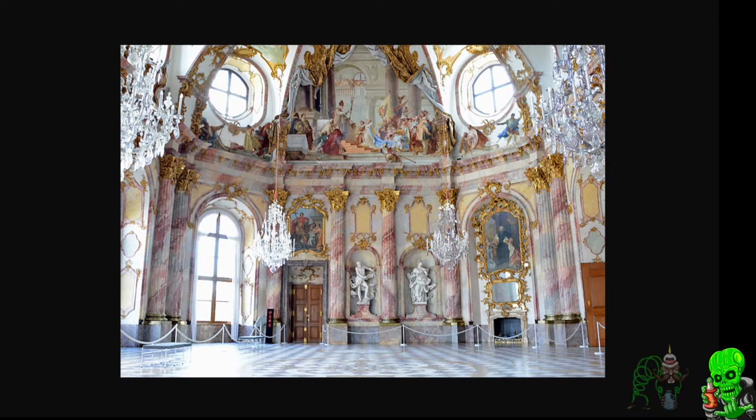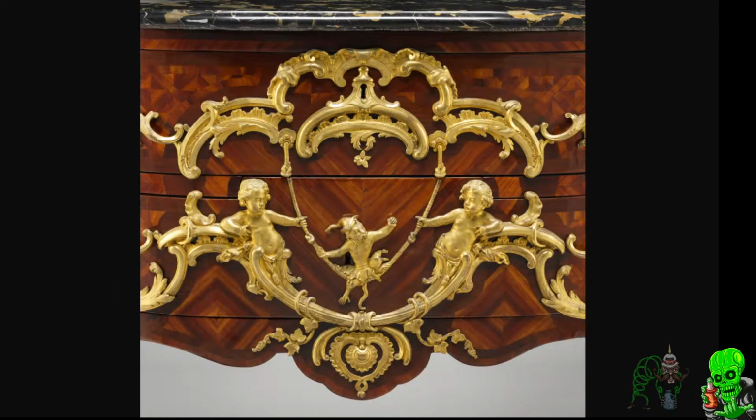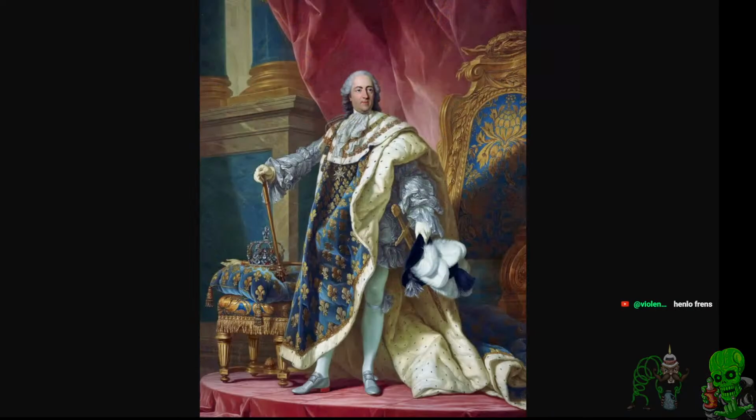Originally known as Rocaille, which is reflected in this picture here. It was a French style of design of furniture and interiors first, and first came to rise under Louis the 14th, the Sun King.